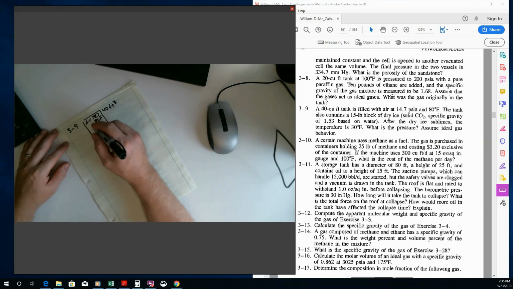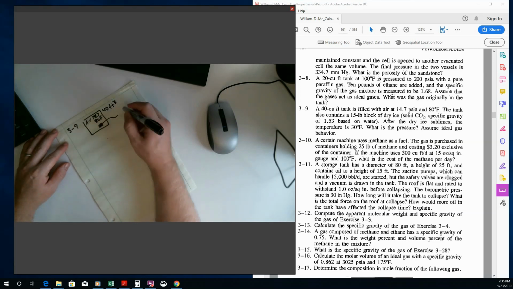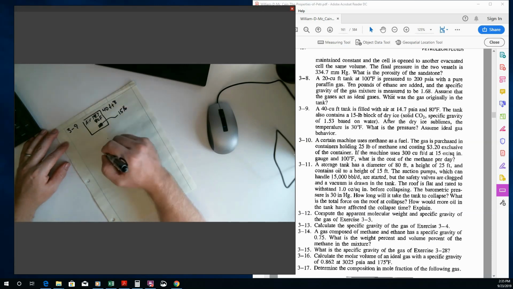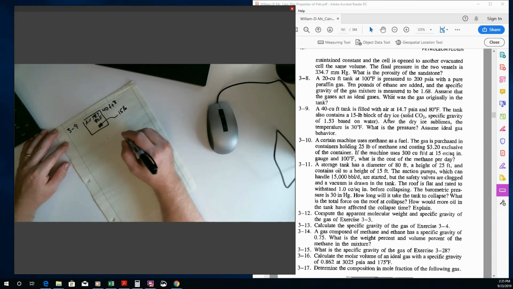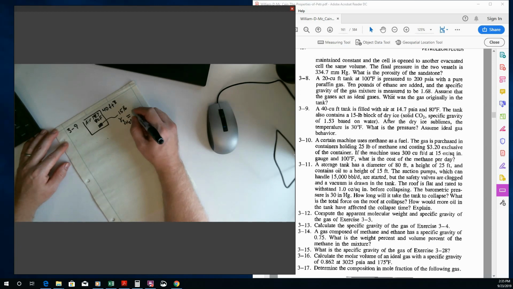The tank contains a piece of dry ice in there, a 15-pound block of dry ice, and its specific gravity based on water is equal to 1.53.